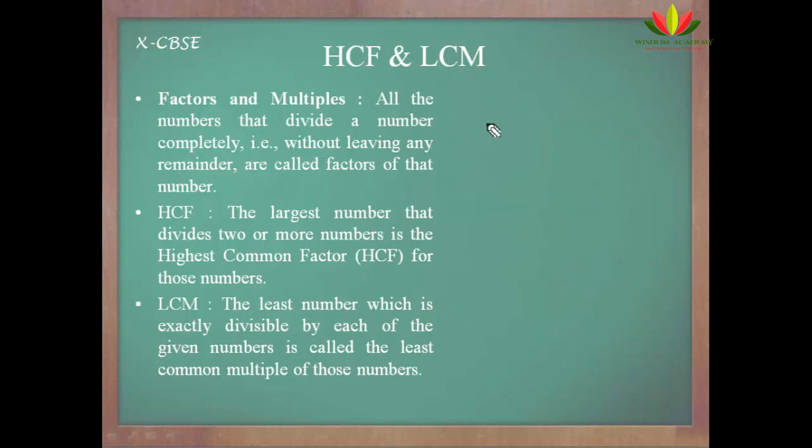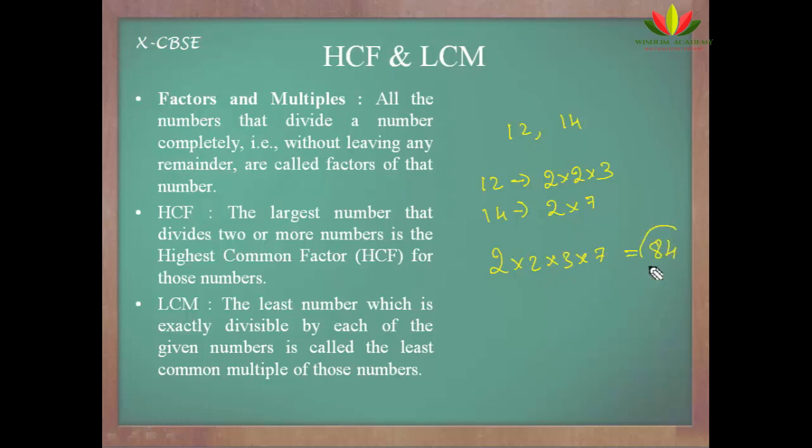Now we give some numbers like 12 and 14. What will be the least? How will you find it? You already know the prime factorization method, right? 12 can be represented as 2 into 2 into 3, and 14 can be represented as 2 into 7. So if I write, there will be 2 into 2 into 3 into 7, that is 21 into 4, so it will be 84.